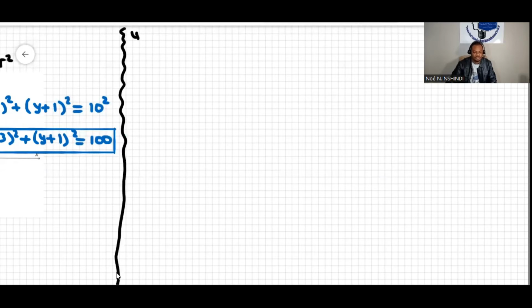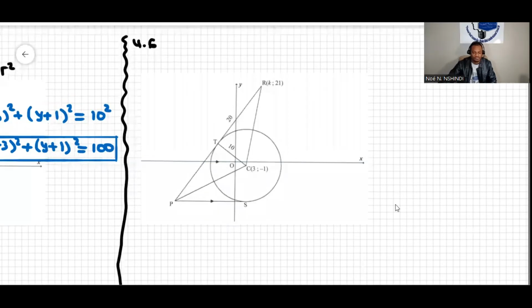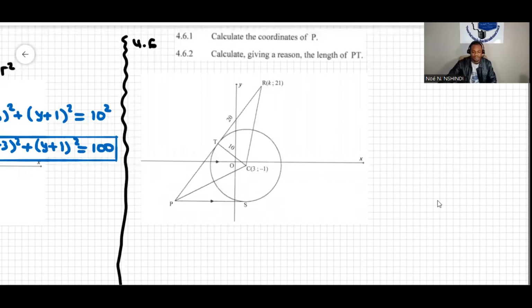Let's first redraw the diagram over here. Okay, that's the diagram, and you can also paste in the same question. Let's first start with the coordinate of P.